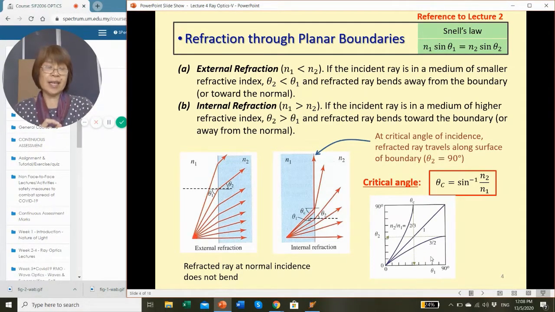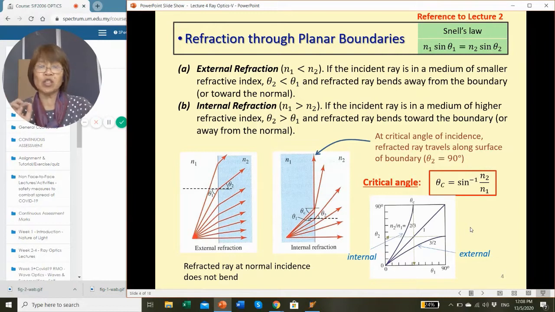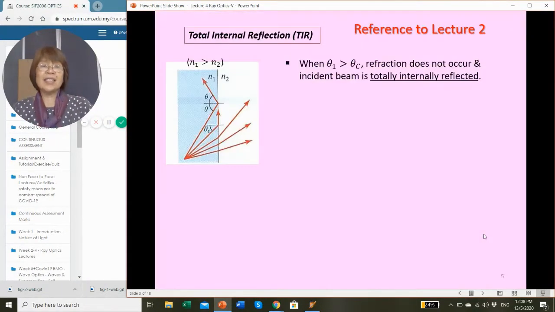And you'll find that for external refraction, the relationship will follow this curve. Internal refraction will follow this curve. And you'll find that basically this and this are mirror images of each other, whereby the mirror is placed along this diagonal line. And this is also a recap of what we did in lecture 2 quickly.